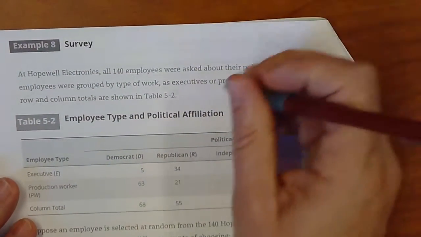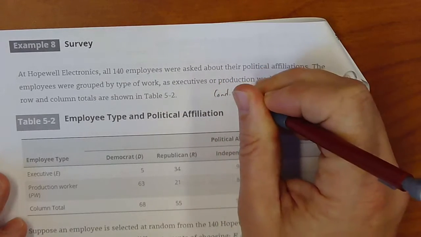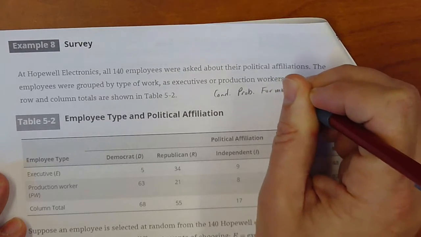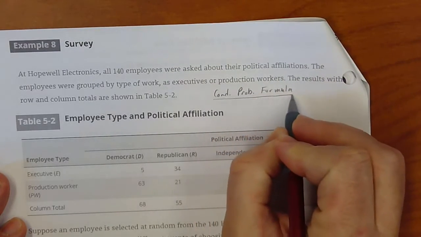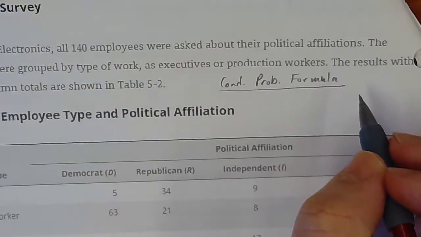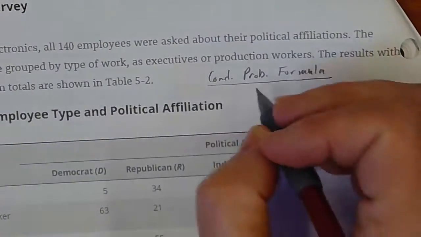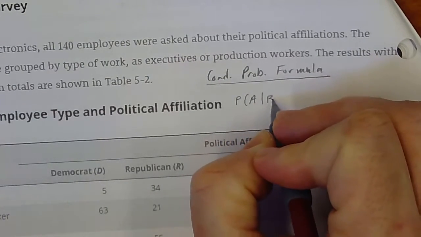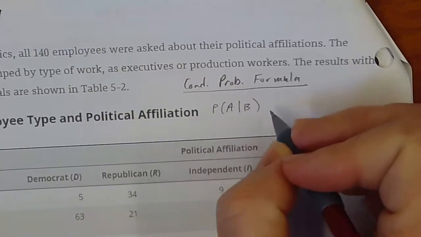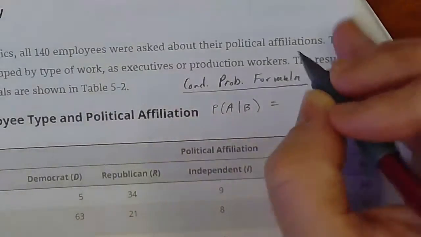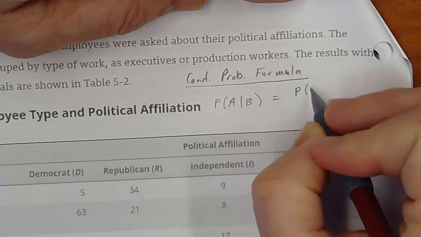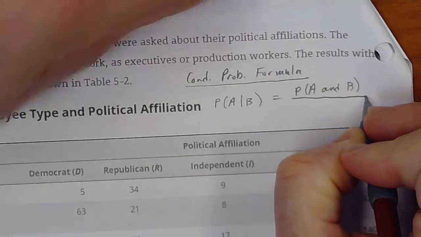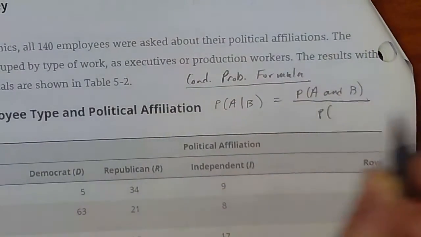So, conditional probability formula. And it's the last one in that blue box, too, that we were referencing earlier. Okay, so what the conditional probability formula says, the probability of A given B, so remember that vertical line always means given, that's equal to the probability of A and B on top, all divided by the probability of whatever the given condition is.